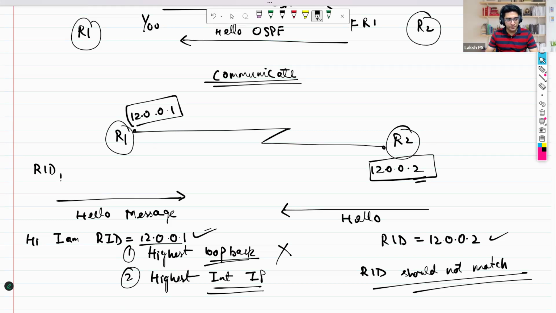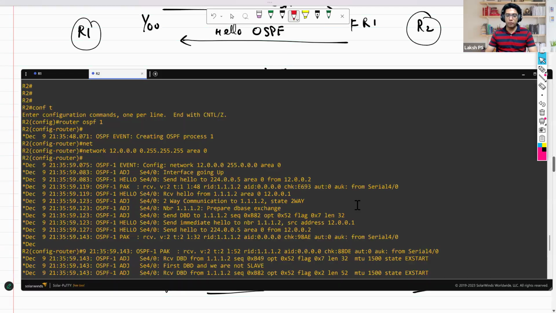The router ID, subnet mask, hello timer, dead timer, and the area. These are the few important parameters sent in the hello message. And what parameters should match? The subnet mask should match, hello timer and dead timer should match, and the area should match. Router ID should not match. Let's check from that perspective.